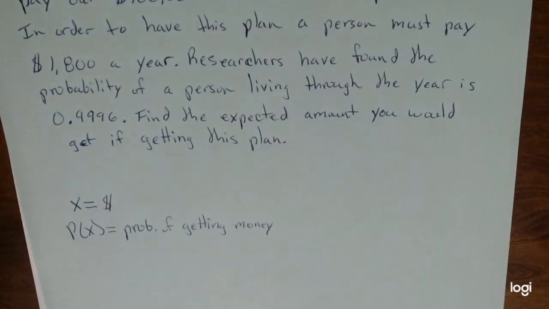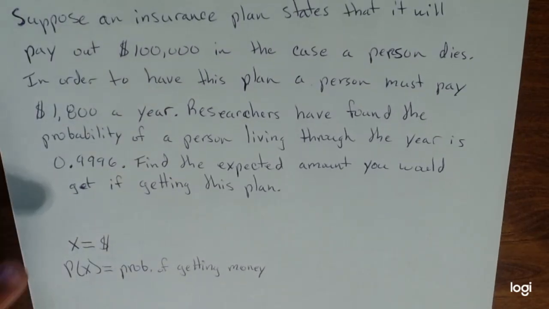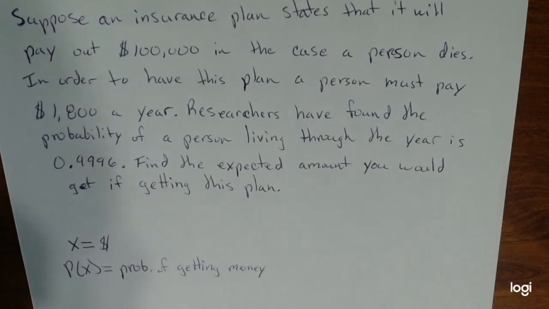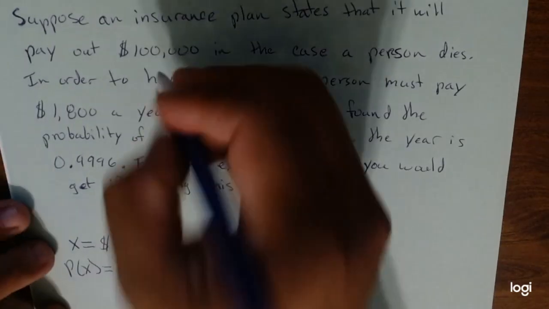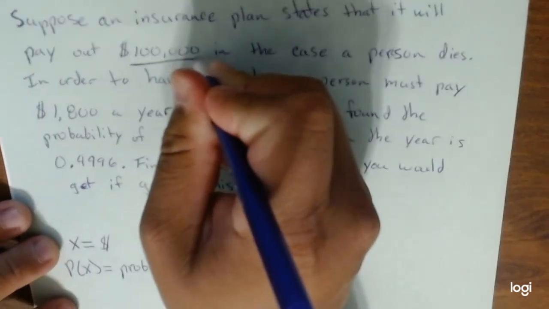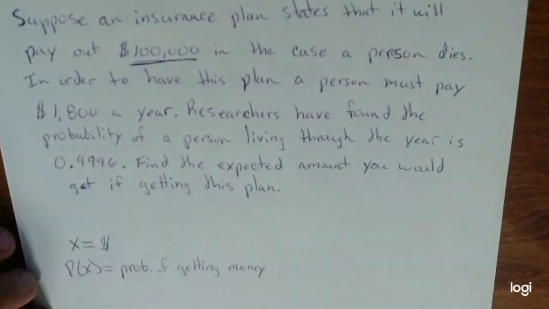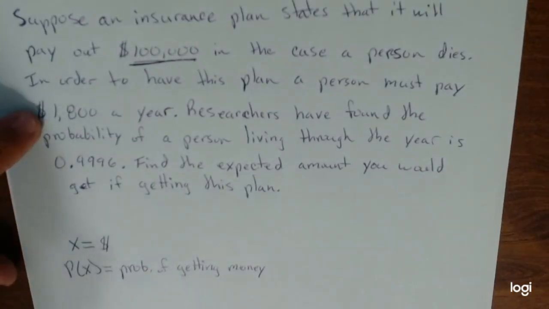Okay. Now here's the thing. Again, there's a little catch based off this scenario here. All right. So X is the cash itself, right? Now, if you unfortunately pass away, according to the scenario, how much will you actually be getting out? So hopefully everybody said 100,000, right? But here is the problem. You actually don't get $100,000 because technically you already had to pay $1,800.